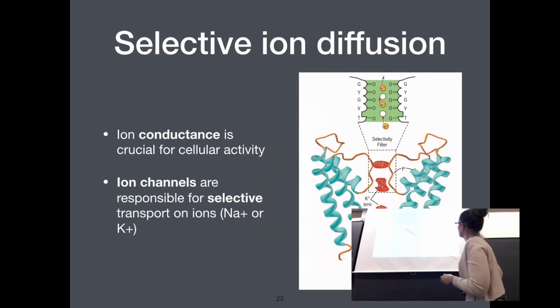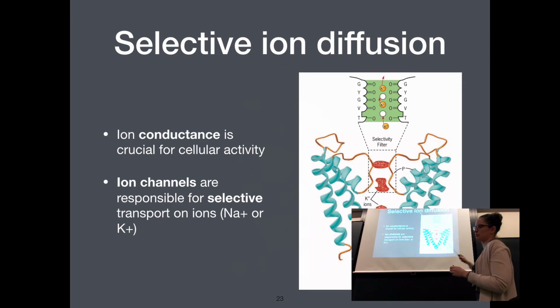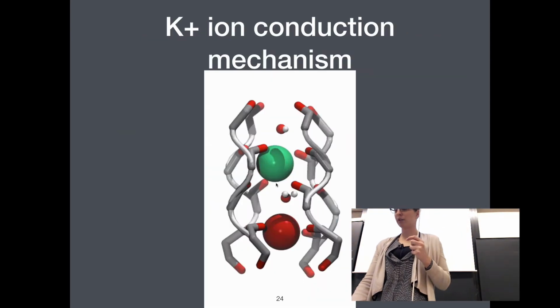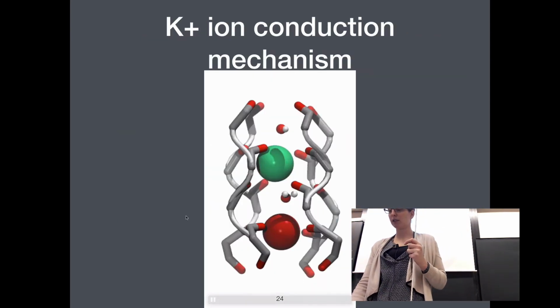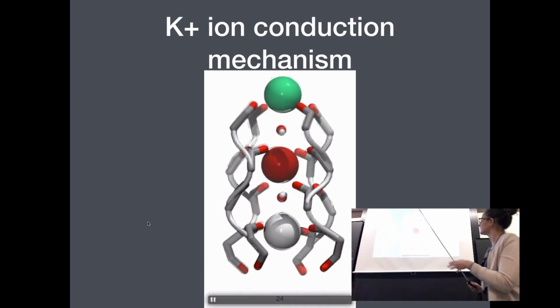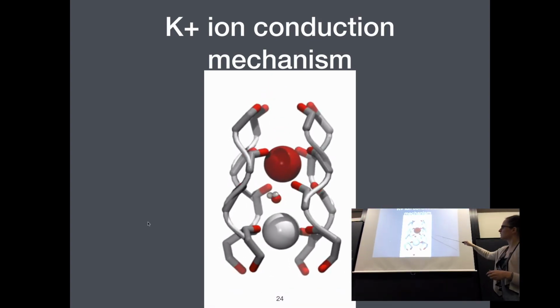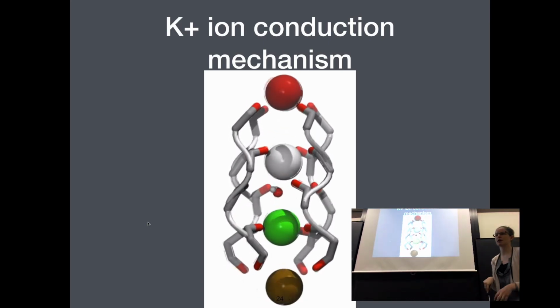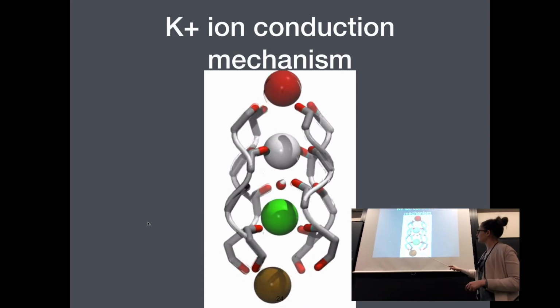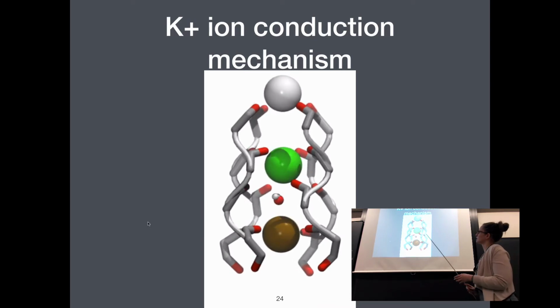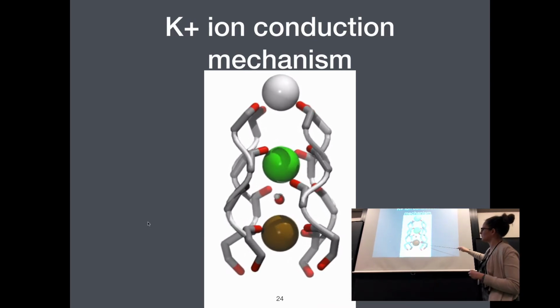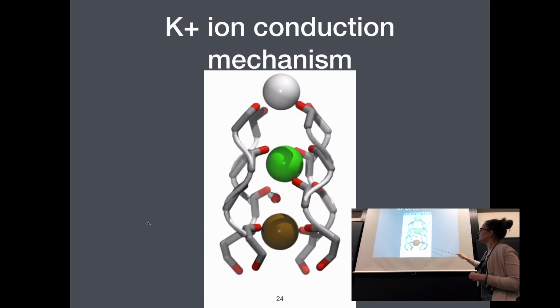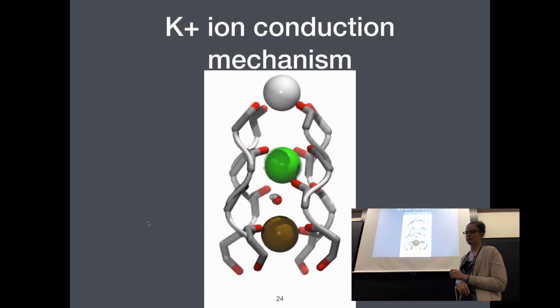I'm going to show you a movie of what happens in this region when the ions are being transported, as a result from molecular dynamics simulations. You can see the potassium ions, those are the big spheres. When an ion comes in, it pushes the other ions further. This is called the knock-on mechanism. You need an ion to come in for the next one to be pushed out.